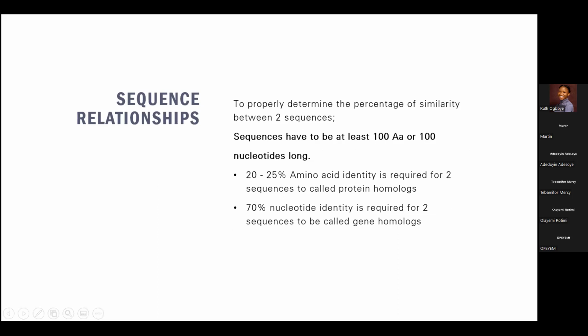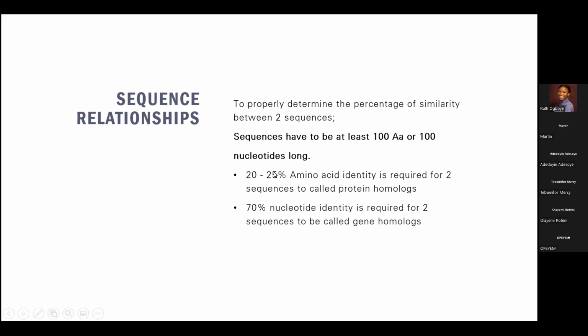To properly determine the percentage of similarity between two sequences, the sequences have to be at least 100 amino acids or 100 nucleotides long, right?